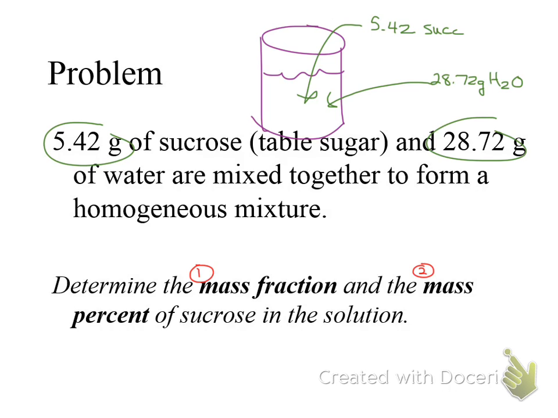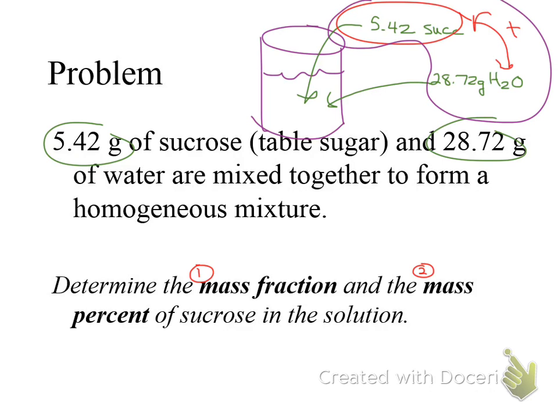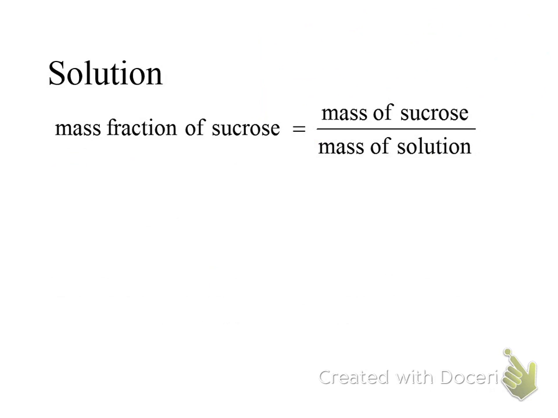Basically, what you're going to see on the next slide is I'm going to take that mass of sucrose and divide it by the mass of these two combined together in the denominator. Does that make sense? The total mass. So it kind of looks like this. Okay, the total mass of the solution would be the two masses added together.